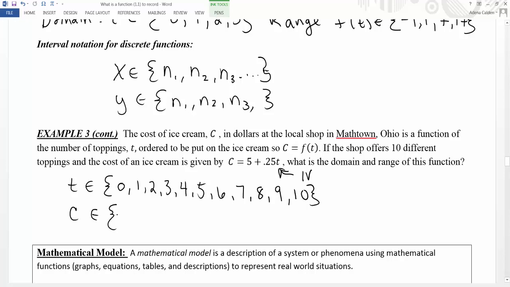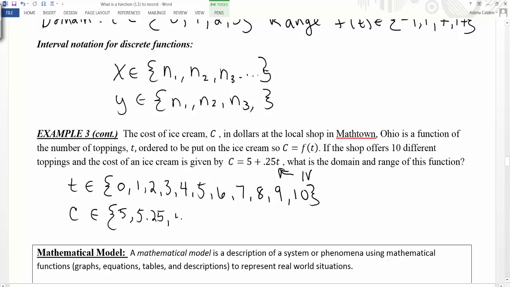So for example, if we plugged in t equals 0, our very first possible number for our domain, we get c equals 5. Remember, c is cost, so that 5 represents dollars. So $5 is one possible output. If we plugged in a 1, we get $5.25.